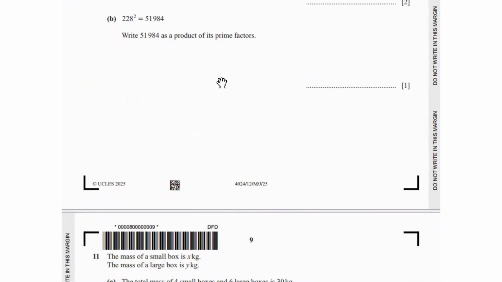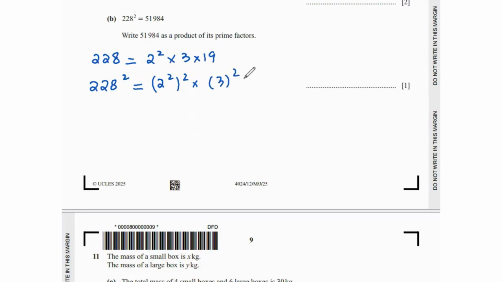Then 228 squared equals 51,984. Write 51,984 as a product of its prime factors. So if 228 was 2 square times 3 times 19, we now have 228 square, which means all of these numbers are being squared.